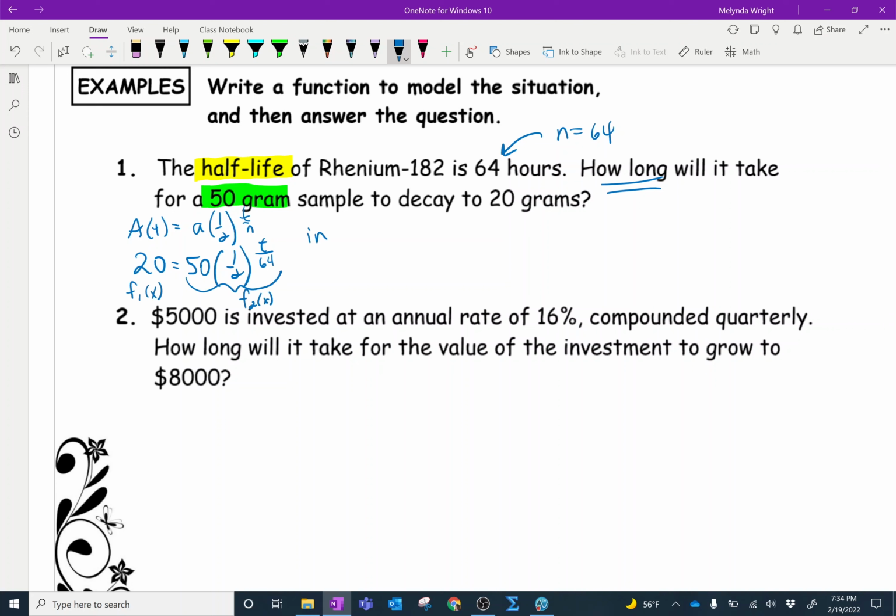And the intersection of F1 and F2 is the answer. It's the X value that's the answer. Okay, so let's move to our calculator, and we're going to put that in our F1 and F2. So let's go to our calculator.